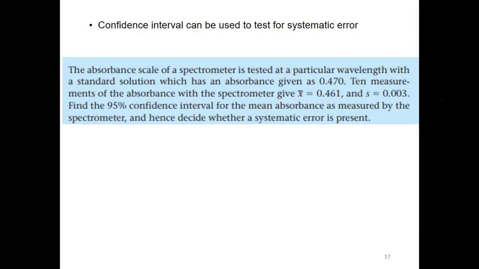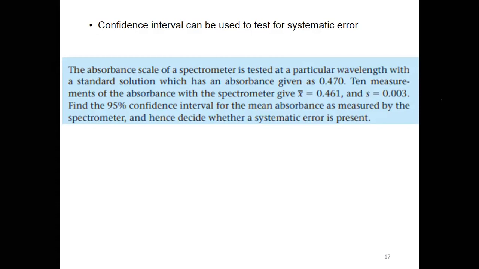The 10 measurements of the absorbance with the spectrophotometer gave a mean of 0.461 and a standard deviation of 0.003. Find the 95% confidence interval for the mean absorbance as measured by the spectrophotometer and hence decide whether a systematic error is present.